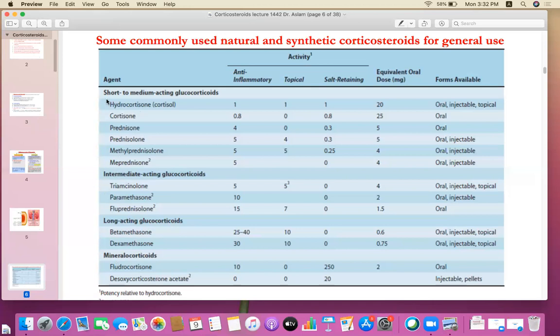In the short acting, the examples are cortisol or hydrocortisone, which is the natural one. It has the anti-inflammatory activity 1 and the salt retaining activity 1, and it is generally required in the dose of 20 milligram, available as oral, injectable, and topical forms.